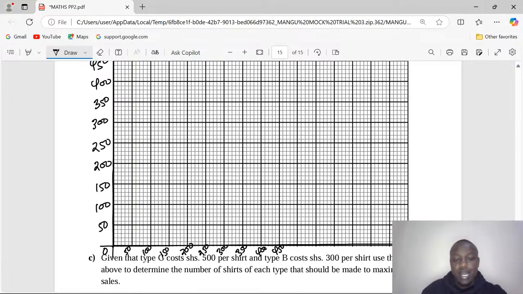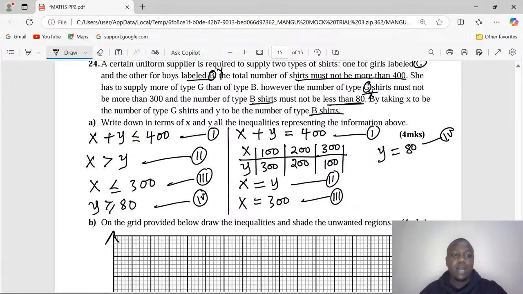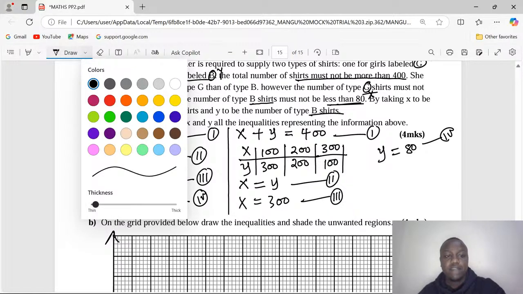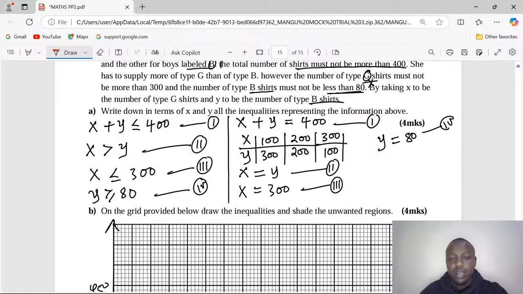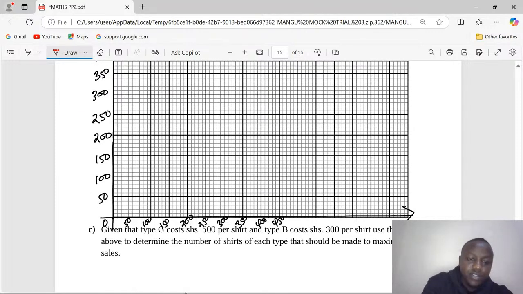Then now with our axis labeled that way, we begin the first inequality. Whereby x is 100, y is 300. So 100, 300, that is the coordinate. Then 200, 200, this point, 300, 100, this point.